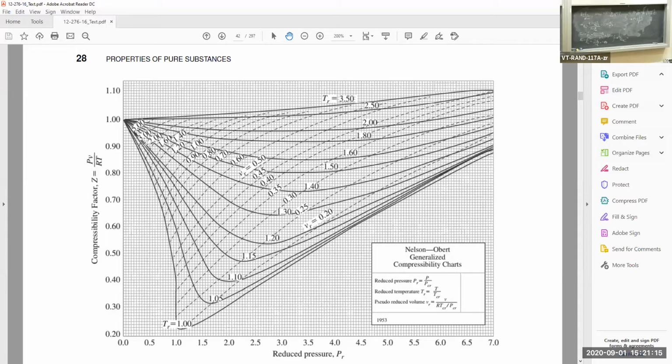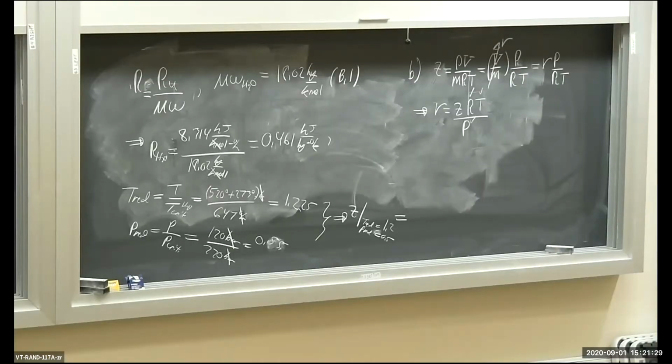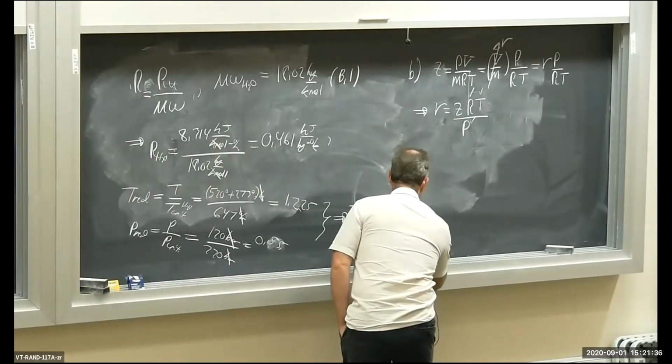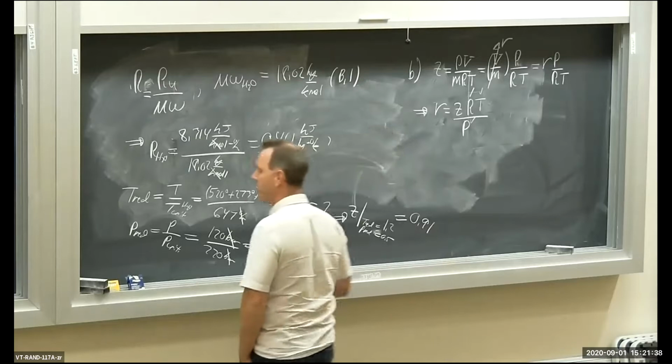But it looks to me like Z is going to be about 0.9. Maybe a little higher, maybe 0.91. I guess it's probably 0.91. I'm going to choose 0.91. So Z is approximately 0.91, and that's from the compressibility chart.